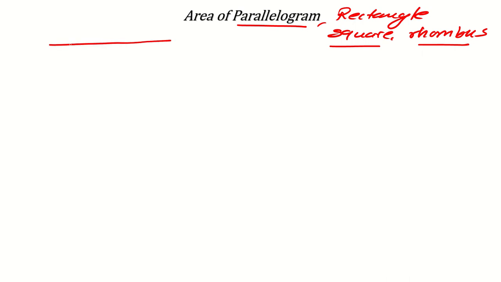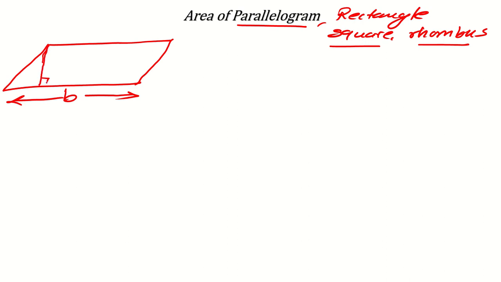So it will look something like this, area of a parallelogram. Here opposite sides will be equal to each other, so I am taking this side as B, that is base, and the vertical line from any of the corners, making 90 degrees, will be taken as height. These two things are compulsory to apply the formula for area of a parallelogram.